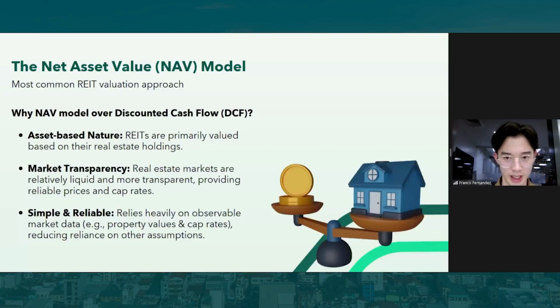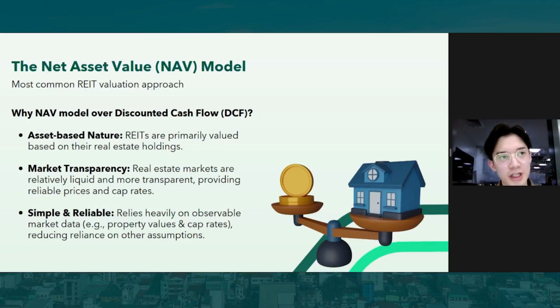The real estate market tends to be relatively more liquid than the other assets you'd find in other companies and is more transparent, providing more reliable prices for properties. This makes it easier to assess the fair market value for REIT assets and provides reliable market prices and cap rates for each segment.